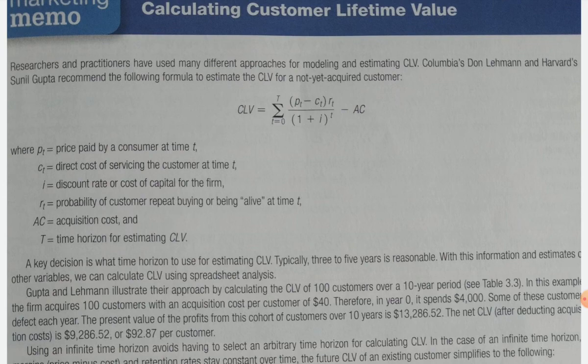So servicing cost, if I am a marketing professional, if I am a management professional, then I will be calculating it at the level of consumer, and there it is going to be put in the form of CT. Then the discount rate or cost of capital for the firm will be there.